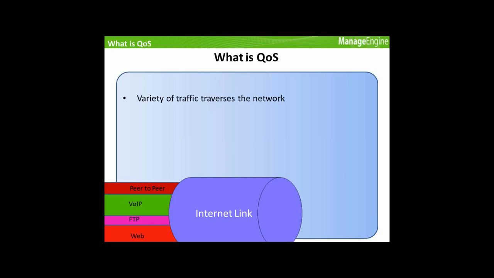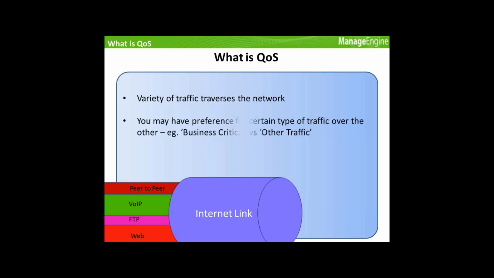So what is QoS? You need this because you have a variety of traffic going through your network. You have VoIP, you have mail traffic, you have peer-to-peer applications, you have HTTP traffic, all traveling through your network, and your preference would be for a certain type of traffic.